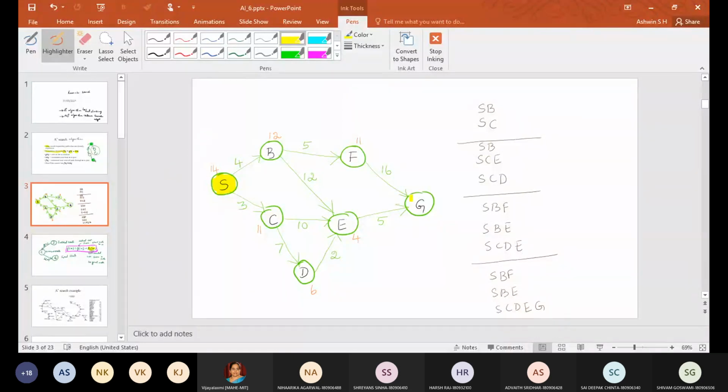Let us assume you can take down the problem I'm solving, if you are writing. We are starting from the start node and going to the goal node now.